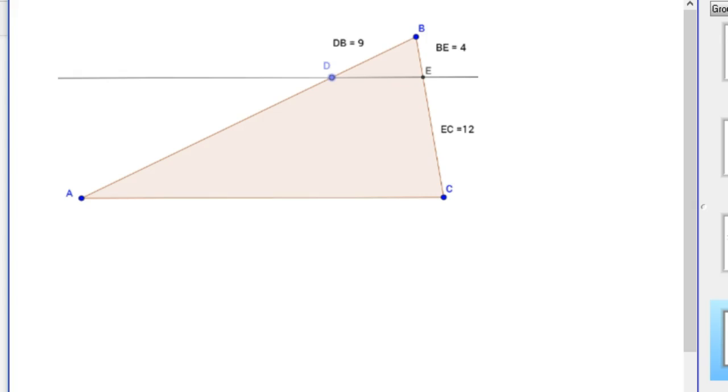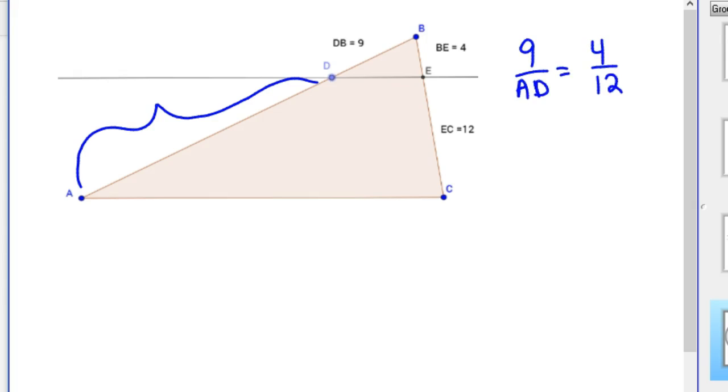So go ahead and give this a try. This will be the last example, and I will solve it for you, but pause the video. See if you can find out what AD is. Alright, so I'm going to set up the proportion as 9 over AD equals 4 over 12.